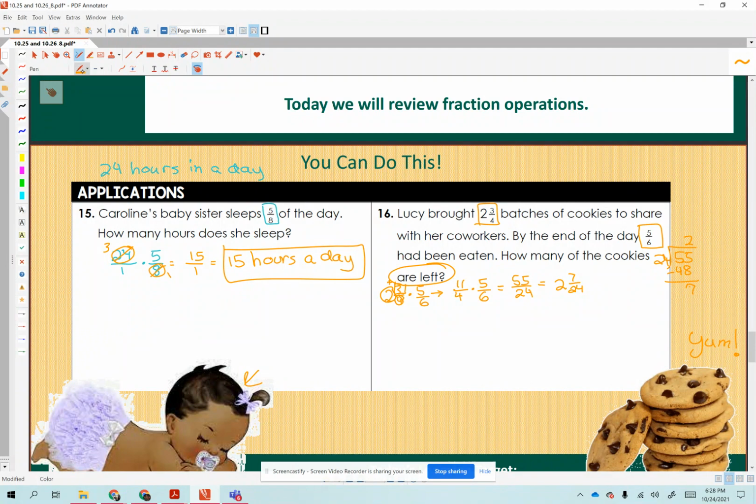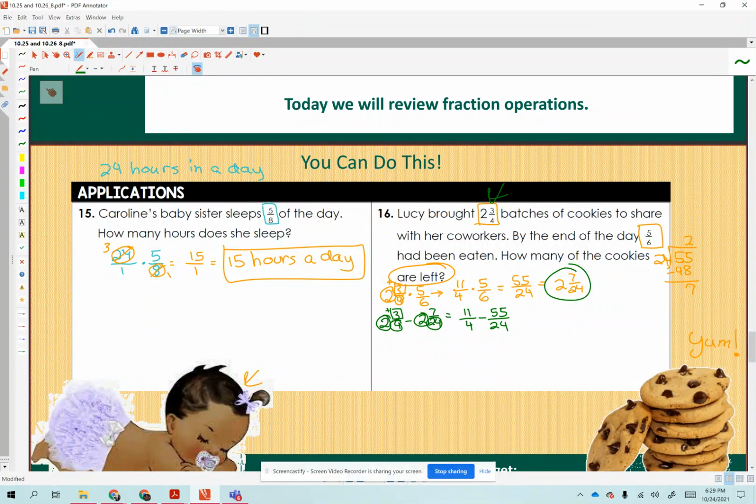So we've got a lot more work to do. We have to take how many are left, 2 7/24, and subtract it from 2 3/4. So 2 3/4 minus 2 7/24. We will rewrite these as improper fractions. 4 times 2 is 8, plus the numerator of 3 is 11 over 4, minus 24 times 2 is 48, and 7 more, that's 55 over 24.